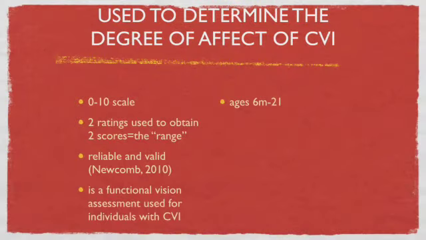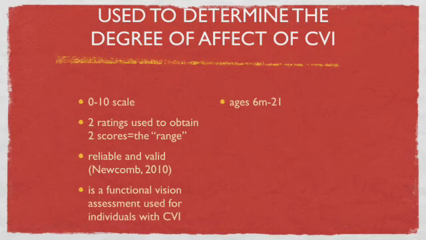It is a functional vision assessment that is designed for children with CVI. It is a replacement for the functional vision assessment that is traditionally used with children with eye disorders, and this one is designed specifically to meet the needs of children with CVI.